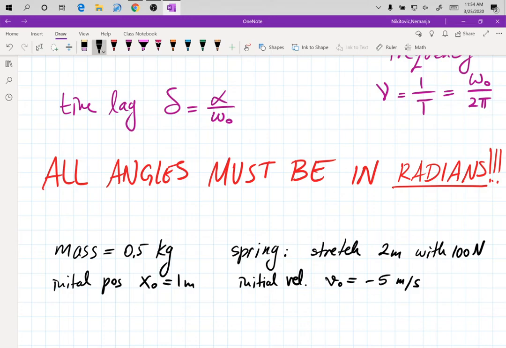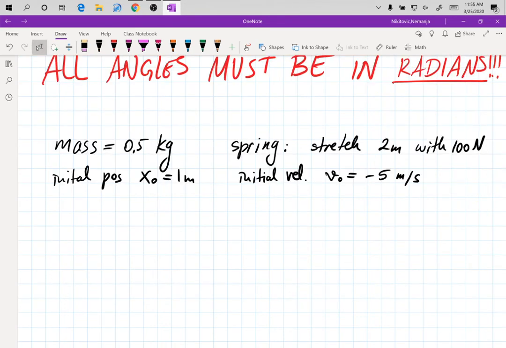What do we have? We have a spring constant, stretch 2 meters with 100 newtons. I have to calculate k. F equals kx, force of 100 newtons, stretch 2 meters, k equals 50 newtons per meter.